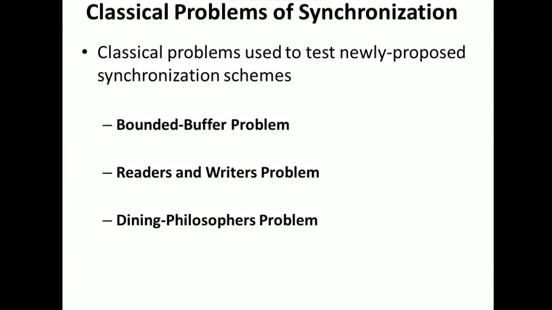Good morning, students. Having discussed process synchronization and the synchronization tool semaphore, now let us discuss the classical problems of synchronization. Here we shall discuss three classical problems of synchronization, that is bounded buffer, reader-writer problem and dining philosopher problem.